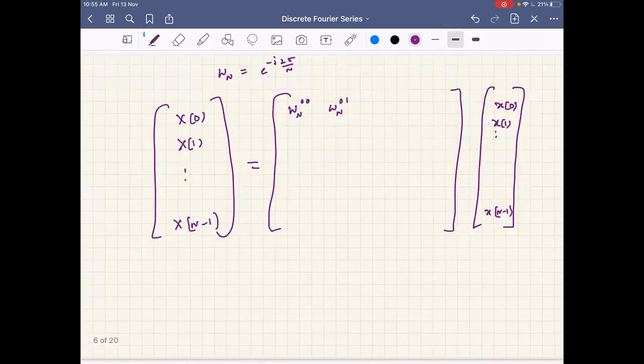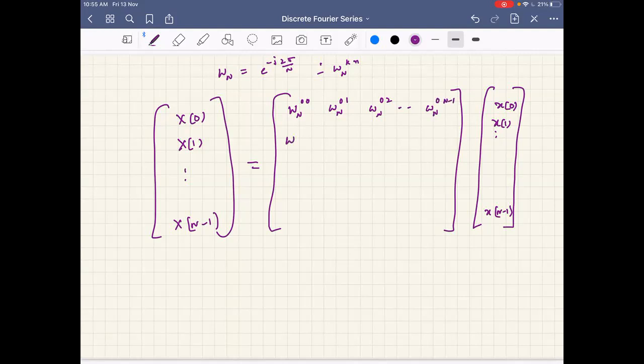So you assume that W_N nk or kn is what I'm writing here. This is the notation I'm writing. So here W_N 0 0, W_N 0 2 and so on, W_N 0 n minus 1.